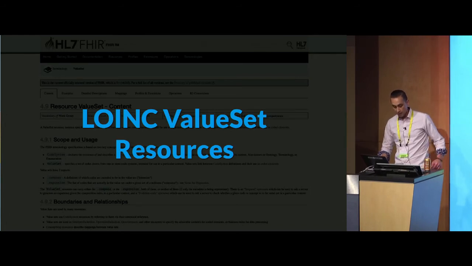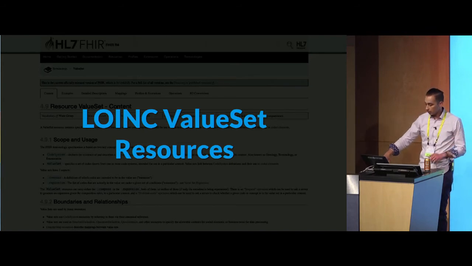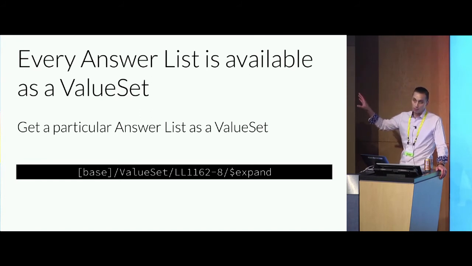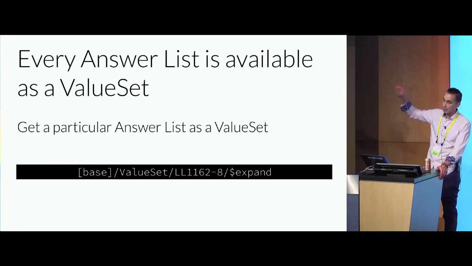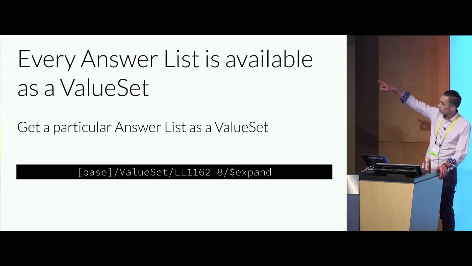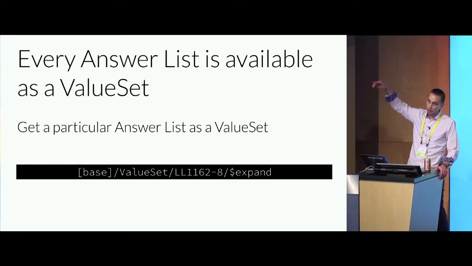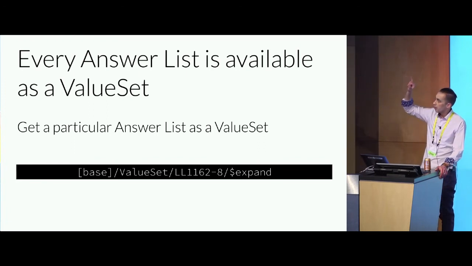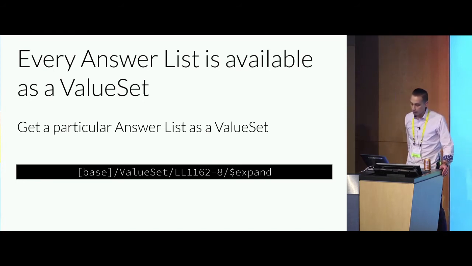What about value set? We use the value set resource to accomplish a couple of different things. One is we make every LOINC answer list available as a value set. I mentioned that those things get identifiers. We give them an ID that starts with LL for LOINC list, and we use that pattern as the URI for the value set for that answer list.